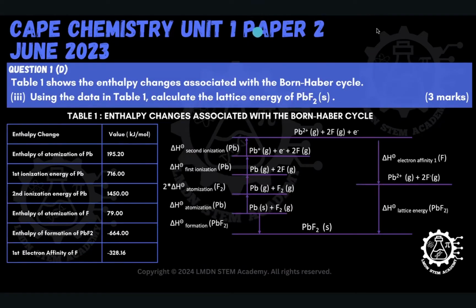Earlier, we had said that a formula that we could use was that delta H lat, right? So our lattice enthalpy, delta H lat, would be equal to the delta H of formation minus delta H I, which represented our several steps, right?